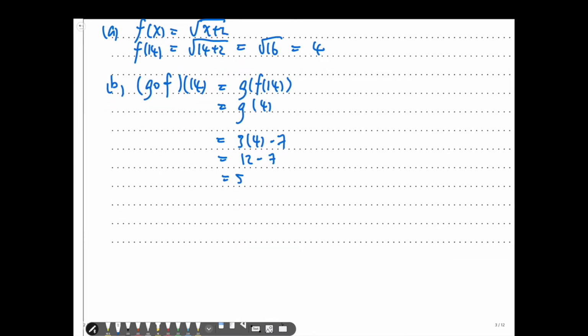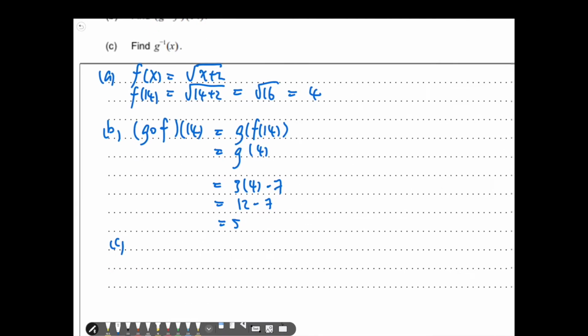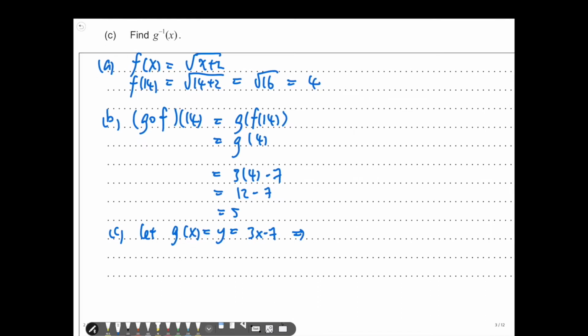And then it's asking us for the inverse function of g. So how can we find the inverse function? By letting g of x, which we know is y, equal to 3x minus 7. Now we swap, so x equals 3y minus 7.